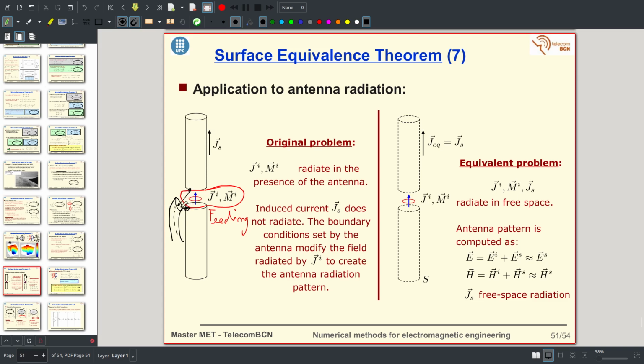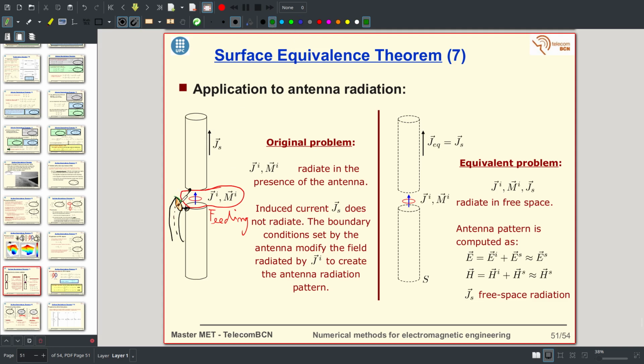You know that you cannot do that because you need a volume, but anyway, just conceptually, the impressed currents are the equivalent currents at the surface of the coaxial open end, okay? And these currents radiate a field.